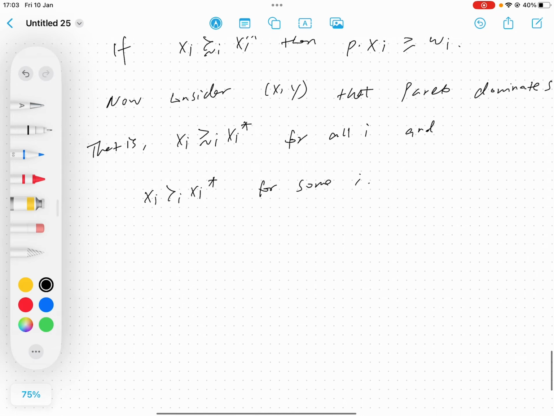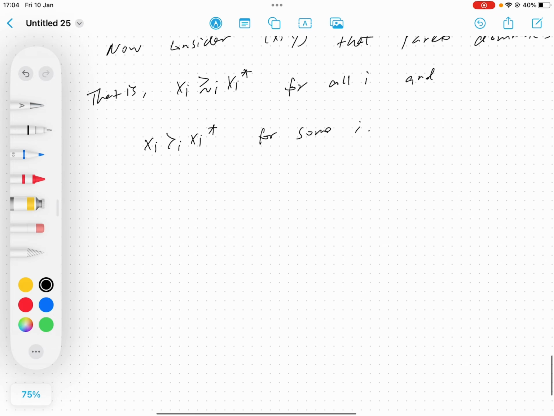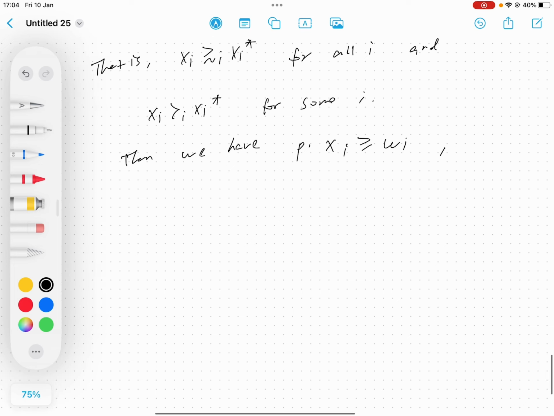Then from the above, we have p inner product xi greater than or equal to Wi for all i, and by the other one, p xi strictly greater than Wi for some i.